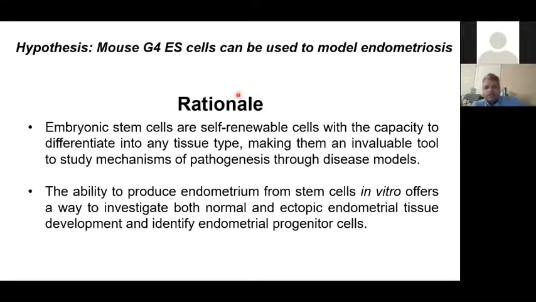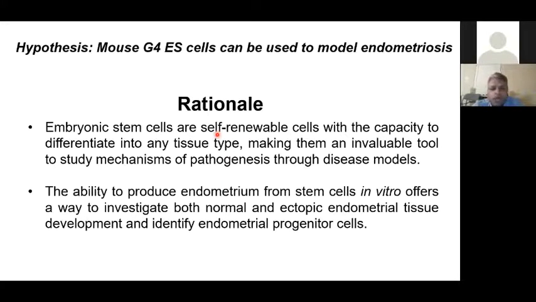The rationale behind it was that ESCs are self-renewable cells with the capacity to differentiate into any tissue type, making them an invaluable tool to study mechanisms of pathogenesis through disease models. And the ability to produce endometrium from these stem cells in vitro offers a way to investigate both normal and ectopic endometrial tissue development and identify endometrial progenitor cells.